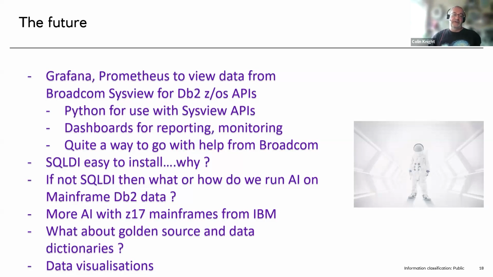But the key element, I think, is always going to be getting some form of golden source and getting your data dictionaries so that you can actually see what data is available and how to get hold of that. So that's a vision I think people really need to look at, is how to get data dictionaries and golden source really visible to everyone who wants to use big data. And yeah, visualizing the data and virtualizing the data is very important.